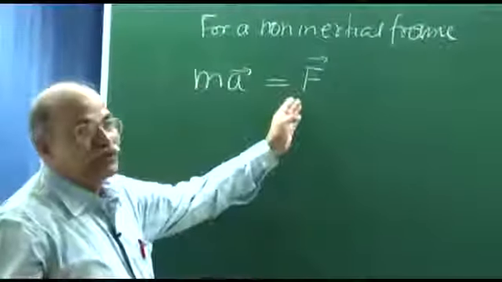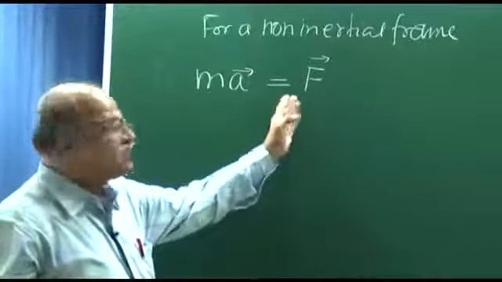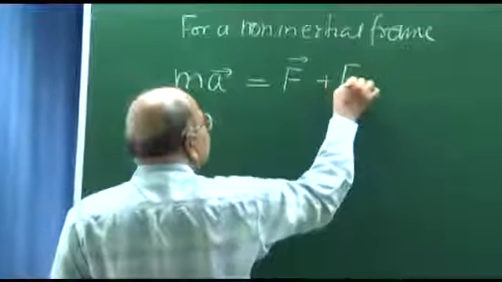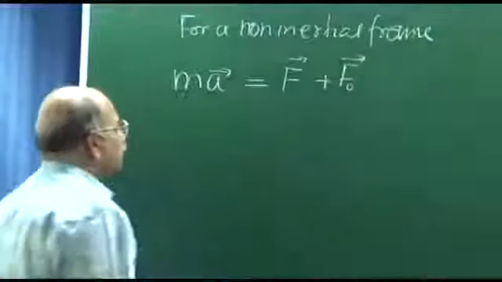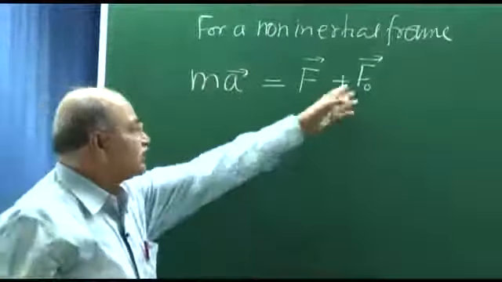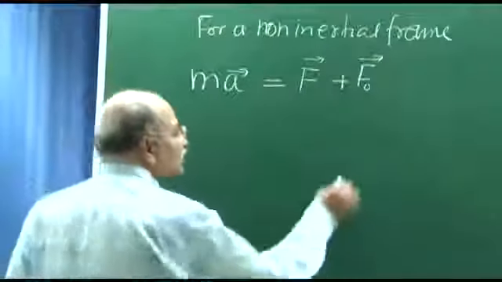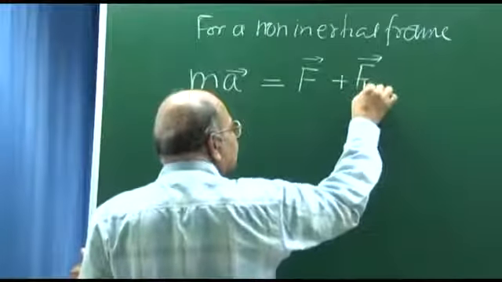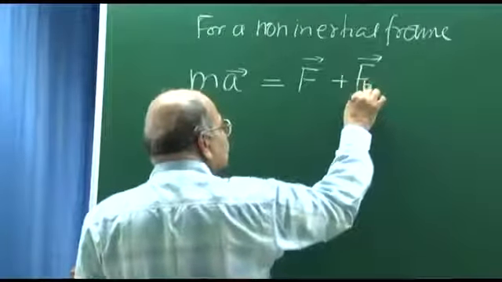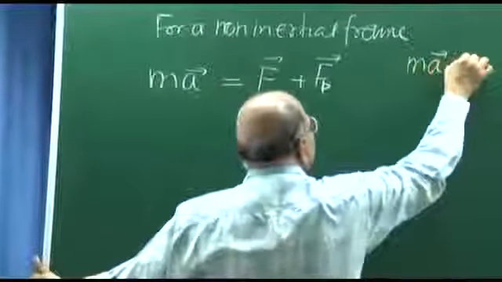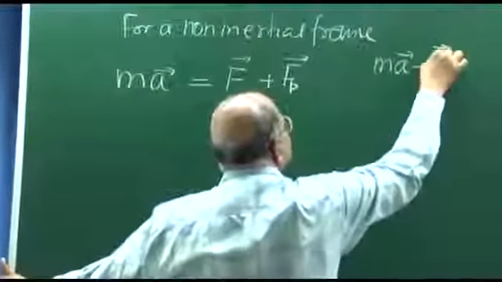Therefore, if it is not equal to this, you should have something else. This ma minus f, which is not 0, call that Fp. P is for pseudo. So, mass times acceleration is not equal to the total forces applied.